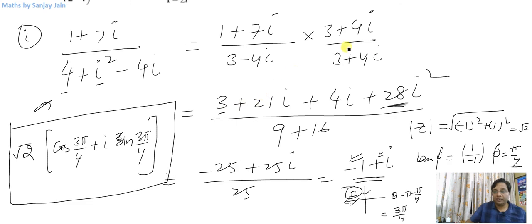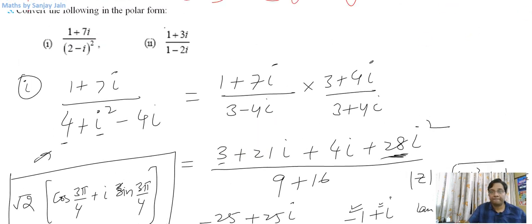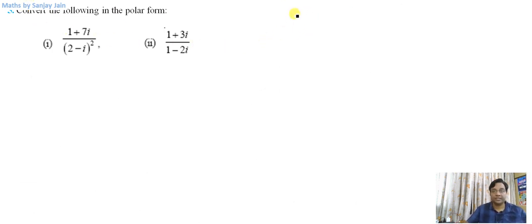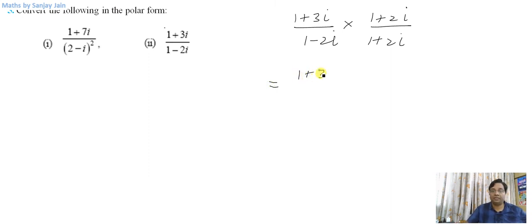Okay. What about the second part here? Second part is (1 plus 3 iota) divided by (1 minus 2 iota). So let us first of all multiply and divide it with 1 plus 2 iota. So the numerator will become 1 plus 3 iota plus 2 iota plus 6 iota squared.